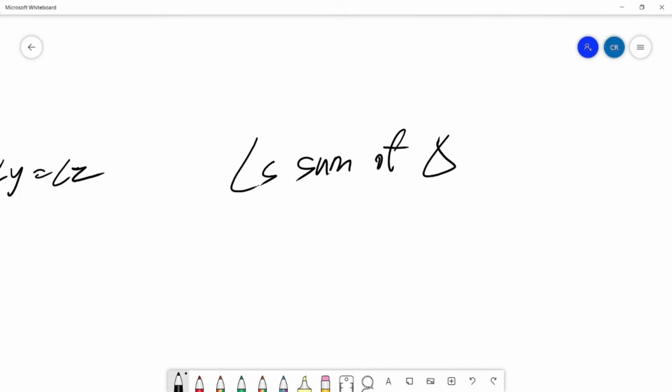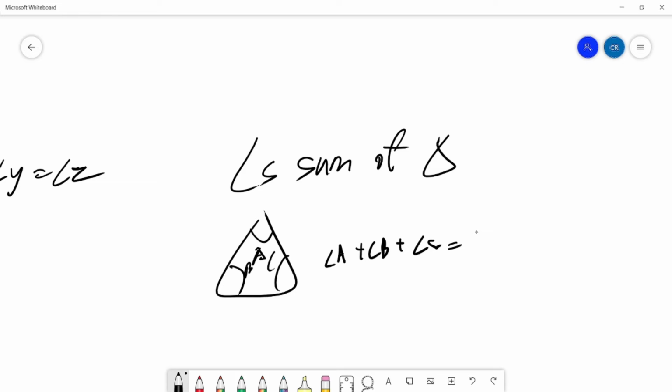This rule means that in every triangle, let's say angle A, angle B, angle C, angle A plus angle B plus angle C equals 180. Then we put the rule over here because we have to be people of reason.